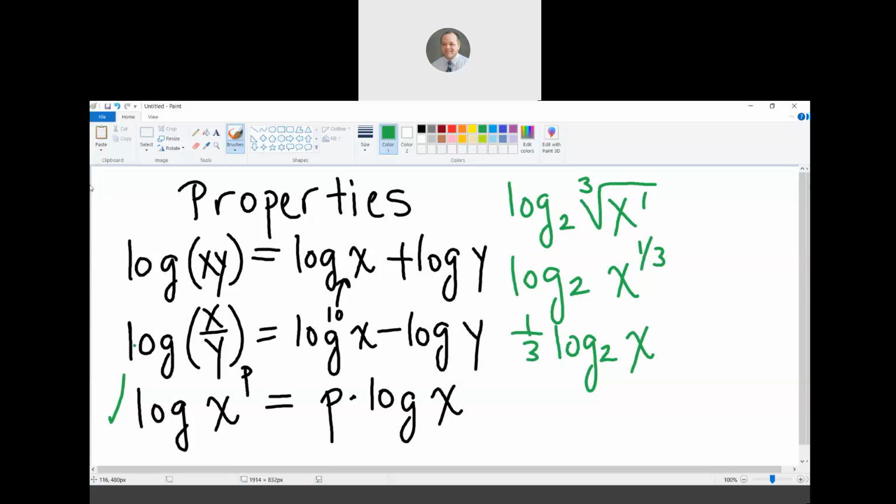Now let's use some of our properties to actually solve logarithmic equations.